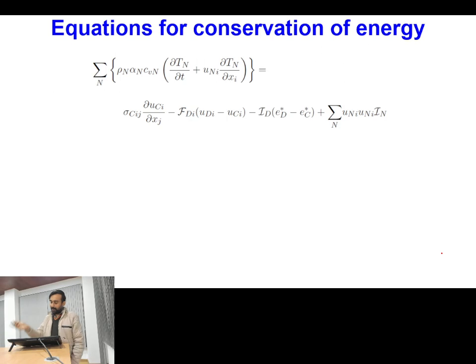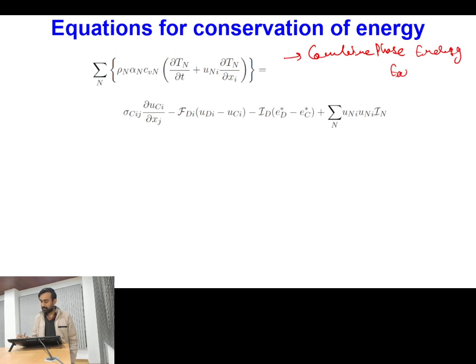Then next, if I do summation of the previous equations which are in the form of temperature, then I will be getting the combined phase energy equation in temperature form. Okay.